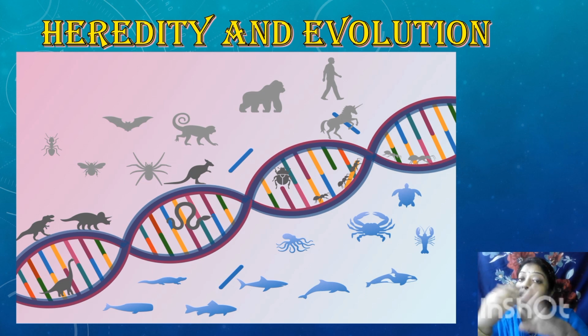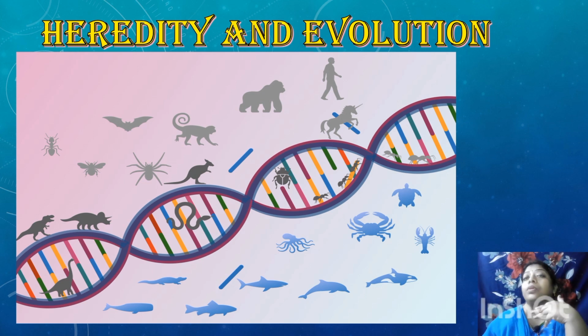The next aspect of our chapter will be evolution. What is evolution? Evolution is nothing but the origin of life. How was the origin of life before our ancestors, before our period? How was the earth? What are the different changes, the mutational process, the development which took place?